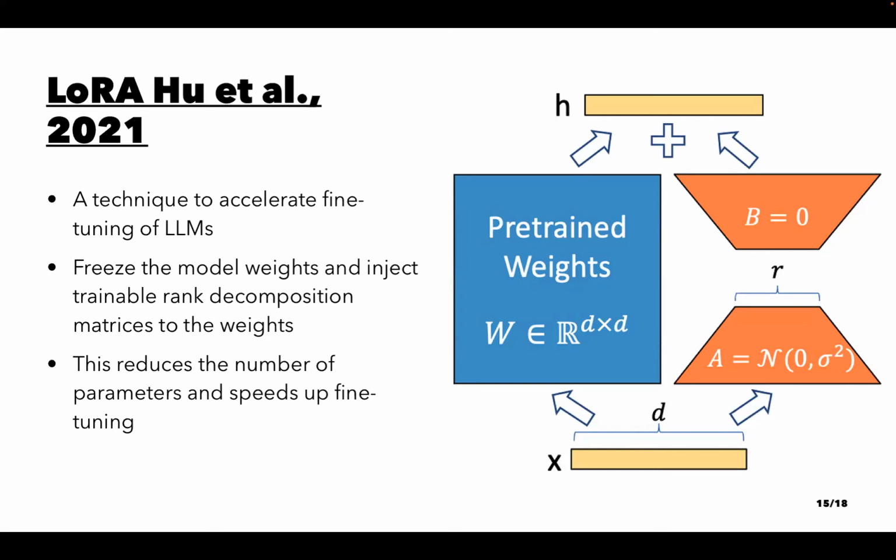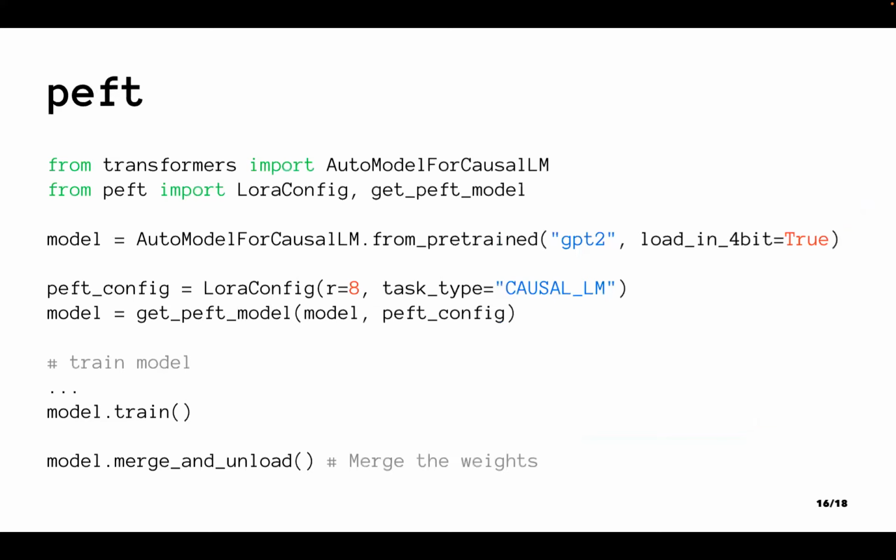And so the way to do it, of course, is to use the PEFT library in Hugging Face. For any model that you have, you can convert it into a LoRA model via a LoRA config, where you specify the rank, the size of these deltas.